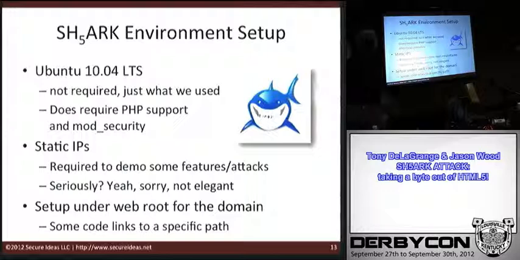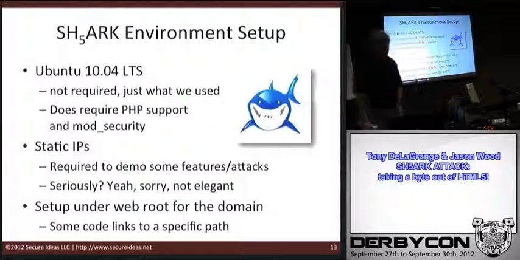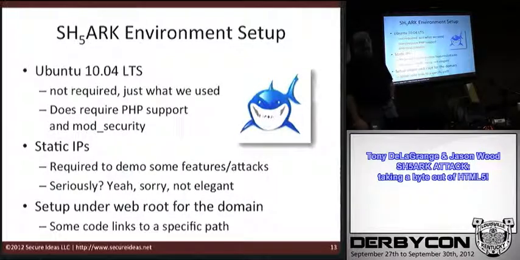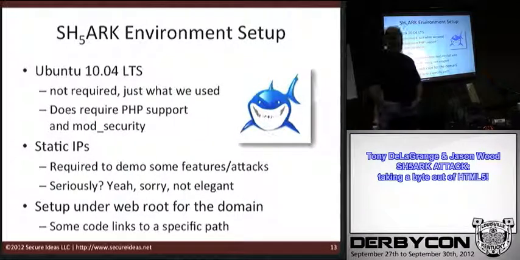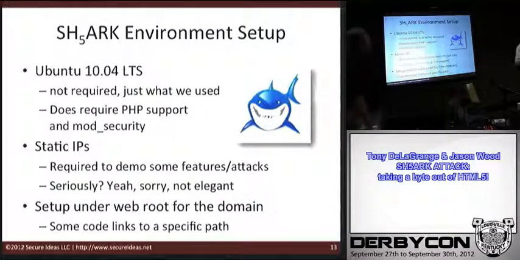Now, there are some things with Sh5ark that we wanted people to be aware of. This was built and done on Ubuntu 10.04 LTS, so if you're looking at the configuration files we include in the project, that's what they're geared towards. I tend to like FreeBSD, so I have to change things to work in my environment. All you really need is Apache, ModSecurity, and PHP, and you're pretty much ready to go.